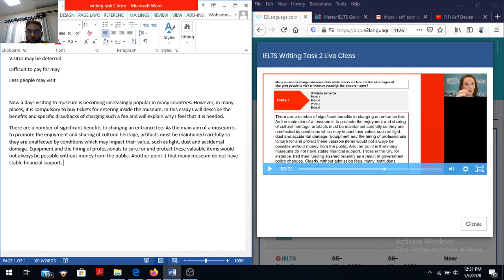Those in the UK, for instance, and their funding slashed. That means the funding is reduced.